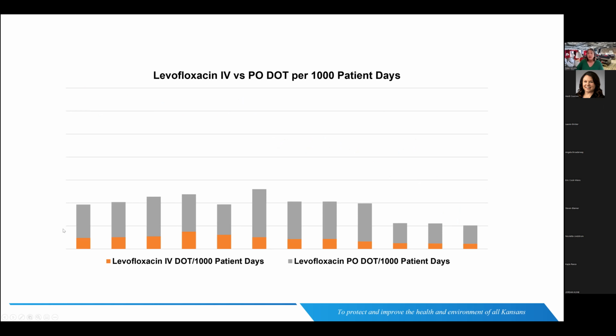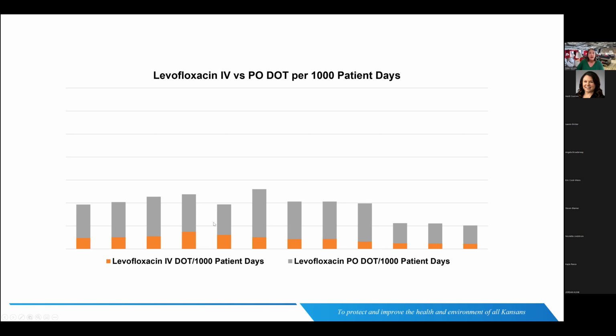One of the other ways that we actually trend our DOT data is to look at different routes of administration for the same medication. And Levaquin's a real easy target for stewardship programs just in general, but again, it's one of those IV to oral switches that our pharmacists typically are involved in. And so what you're looking at is a stacked bar graph, with the orange is our IV use and the gray is our PO use.